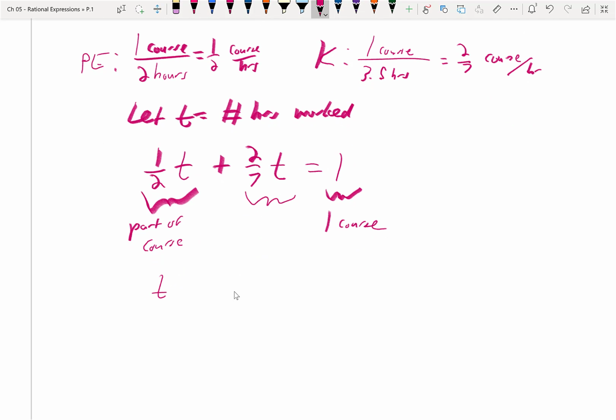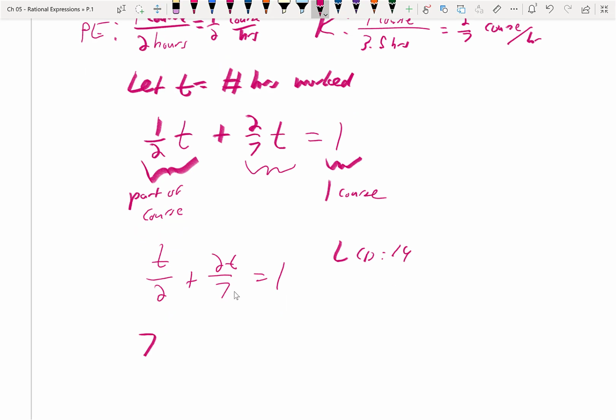Okay, let's simplify this down. T over 2 plus 2t over 7 equals 1. I'm writing that in a format that helps trigger the part of your brain that goes to the LCD, which would be what? 14, not the world's worst LCD. So 7t plus 4t equals 1. Kidding.